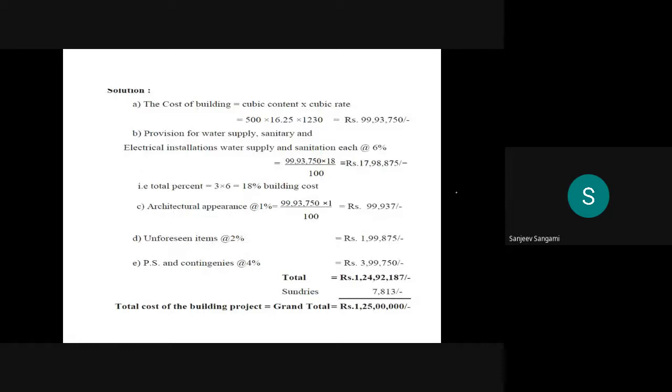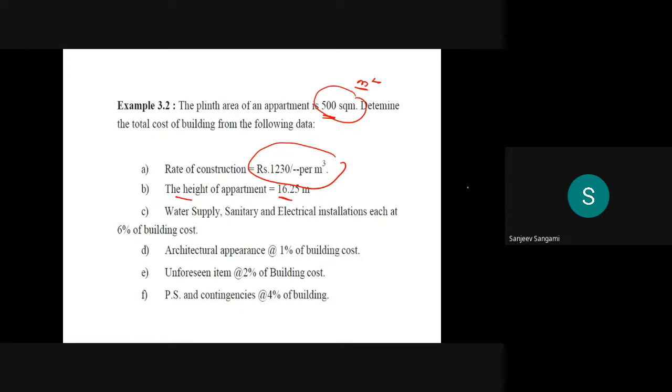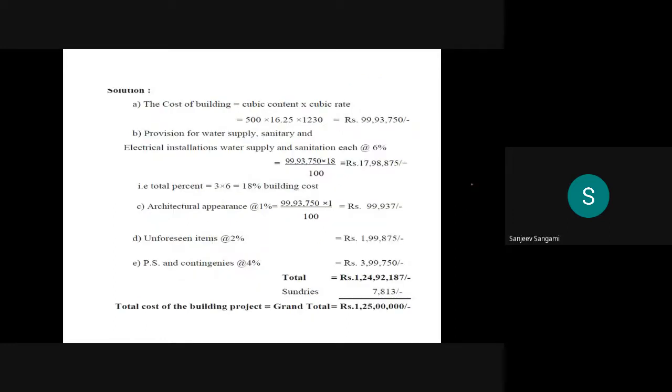Before that, first you calculate what will be the volume, that is 500 into 16.5, in terms of meter cube. Volume is equal to 500 into 16.5. Just calculate how much meter cube it will come.